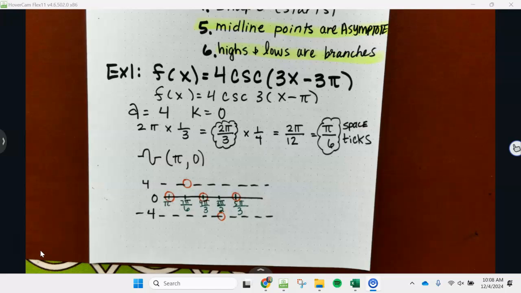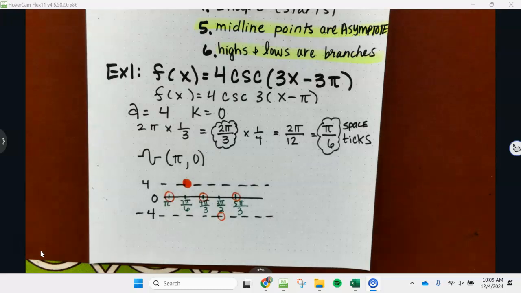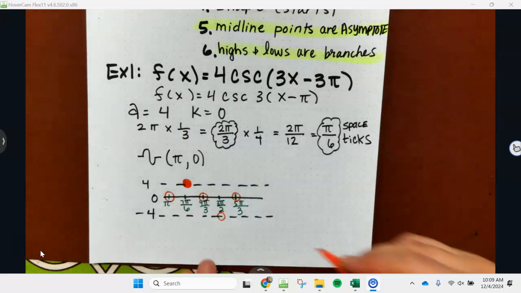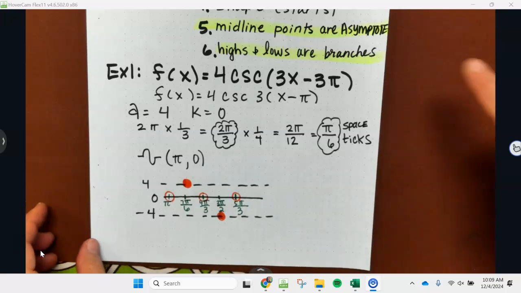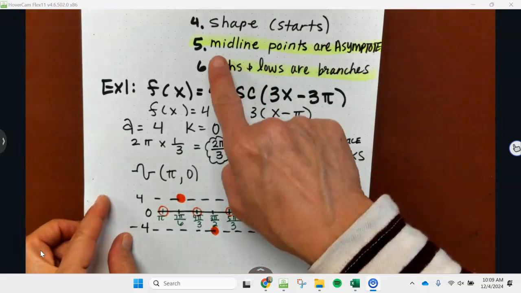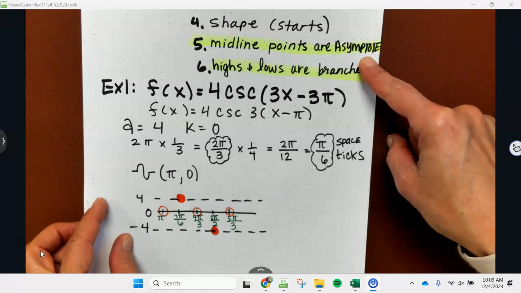Open circles is the key. Now listen, everything you drew at the top, those get colored in. So I drew one circle at the top that gets colored in. Everything I drew at the bottom gets colored in. But right here, all the points on the middle are asymptotes because that's where it's undefined.